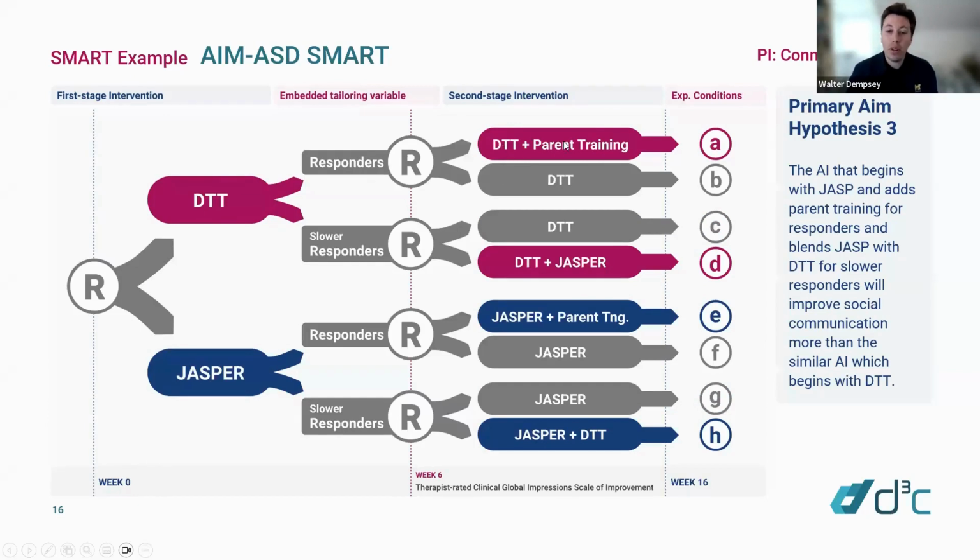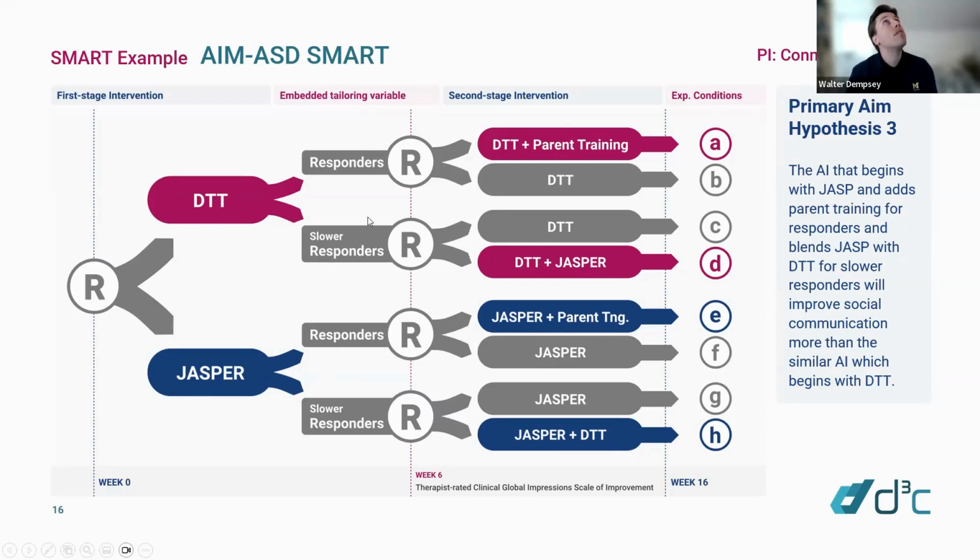For responders, you augment with parent training, and with non-responders, you augment with Jasper. The other embedded adaptive intervention is starting with Jasper, augment it with parent training for responders, and augment with DTT for non-responders.